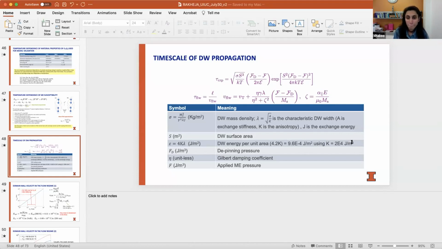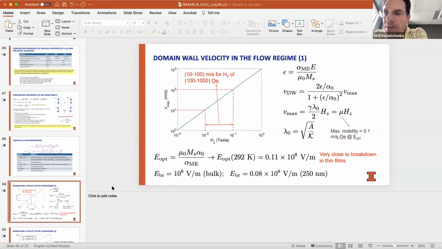Okay, thank you. And maybe this is also something very interesting I could point out, because this is what we were talking about, the domain wall mobility. Here you can see that the maximum is limited by this mobility, and then you have the domain wall properties, the width of the domain wall, which does depend on the stiffness and the anisotropy.